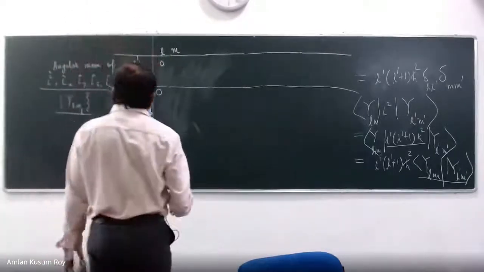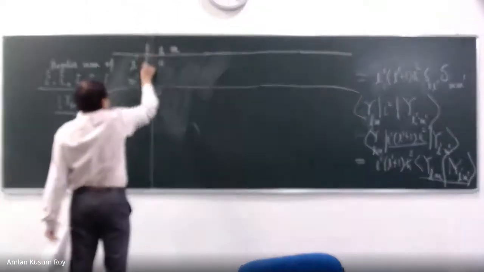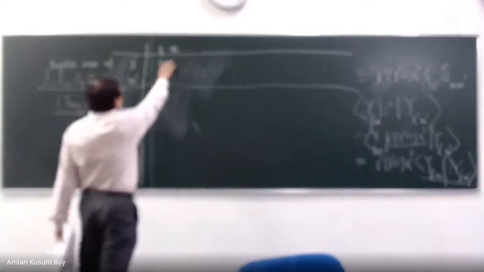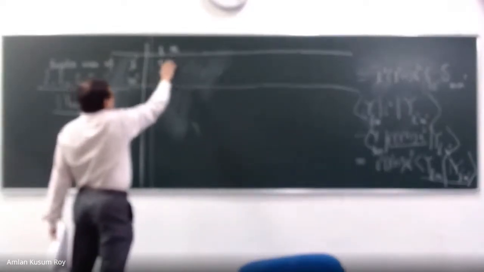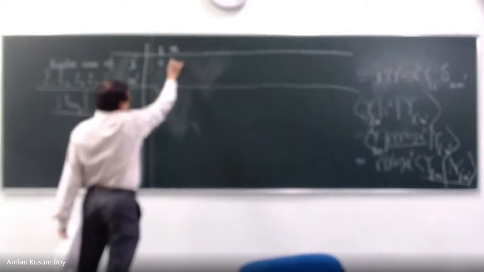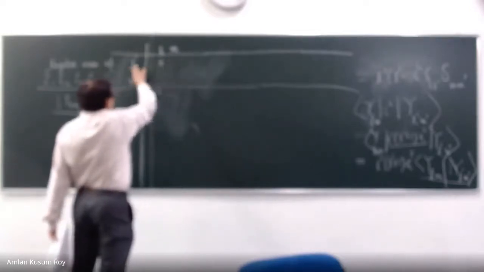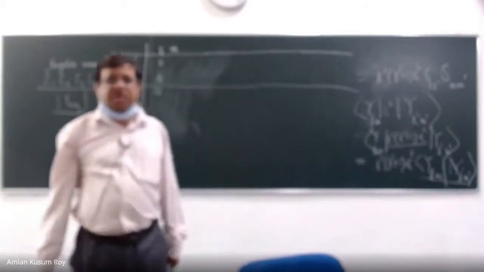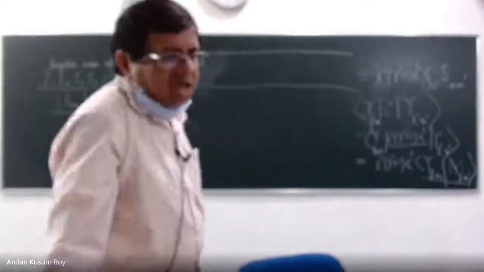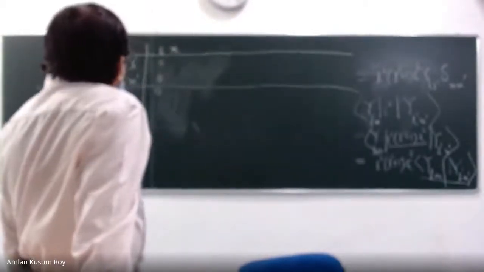So for each L, I have only one, sorry. I have L prime, M prime. So for a given L prime, I have only one M prime, 0, 0. For L equal to 0, I have only M equal to 0.